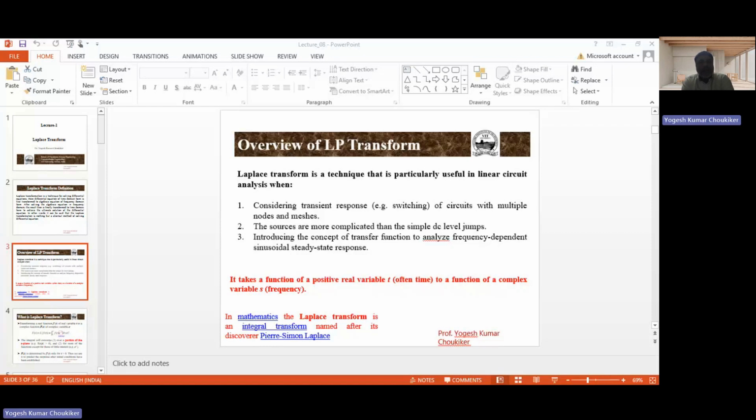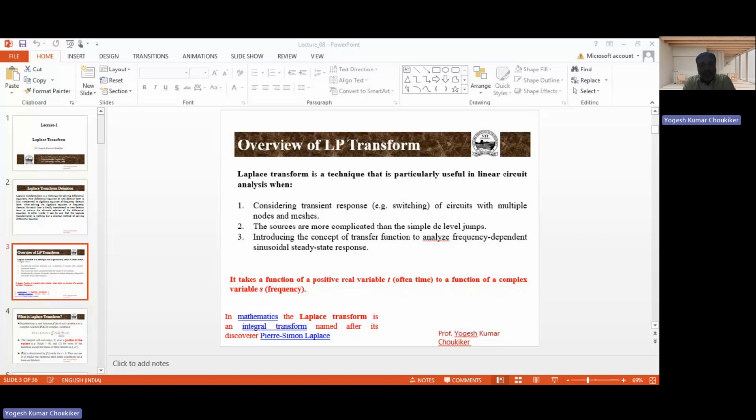Now we will take a unit step function and try to calculate the Laplace of that. First of all, we take the function u of t, which has two values. When t is less than 0, it is 0, and when t is greater than 0, it is 1. When you take the Laplace of u of t, as I told, that is the integration from 0 to infinity of u of t e to the power minus st. Now this u of t has two values, 0 and 1, and we take both cases.